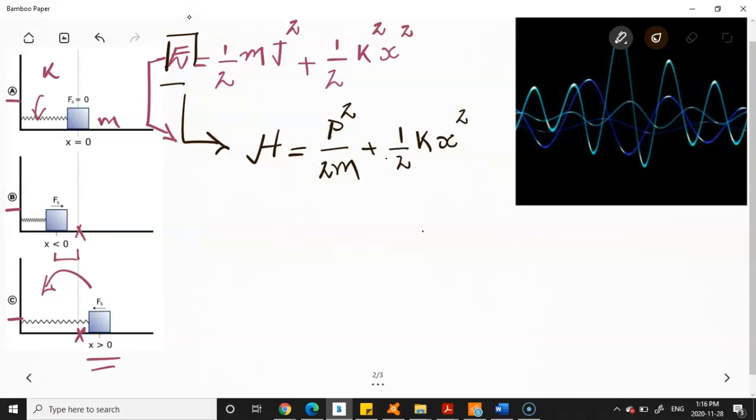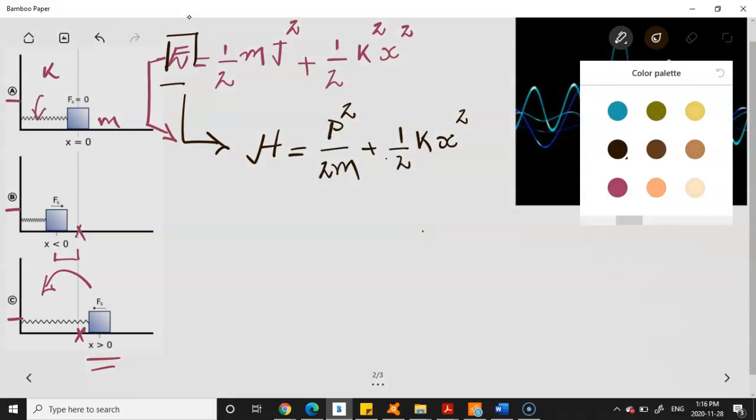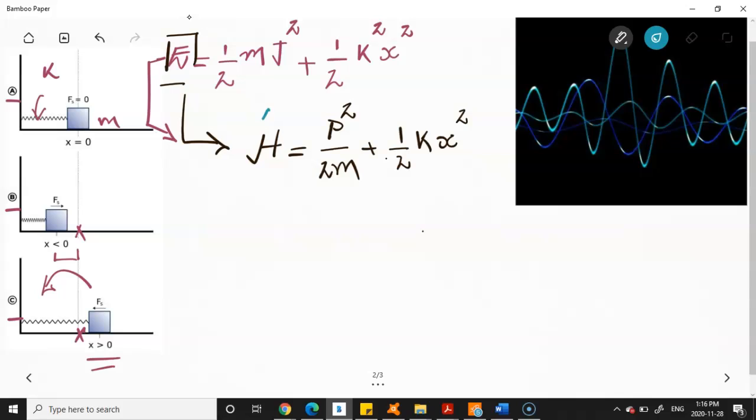However, in quantum physics, we look at everything as an operator. By that I mean the energy Hamiltonian becomes an operator, which I show with a simple hat on top. The momentum is an operator, and the displacement is also looked at as an operator.